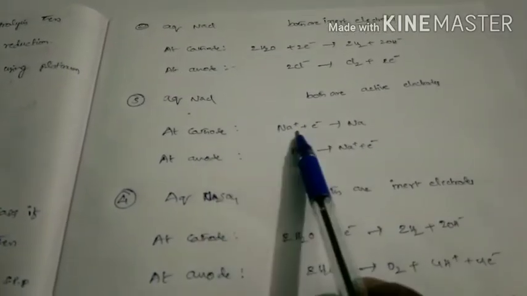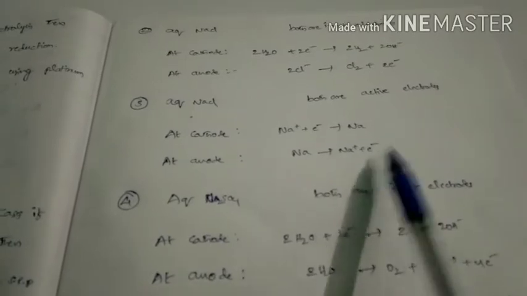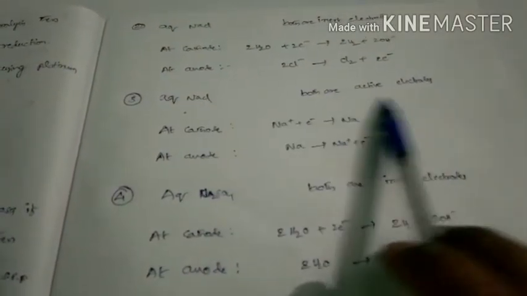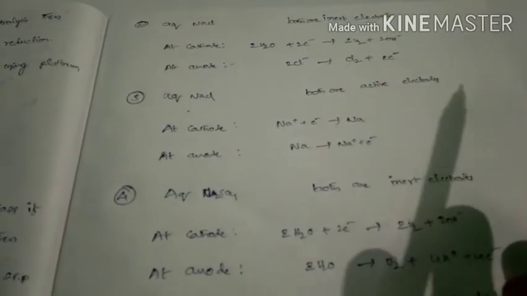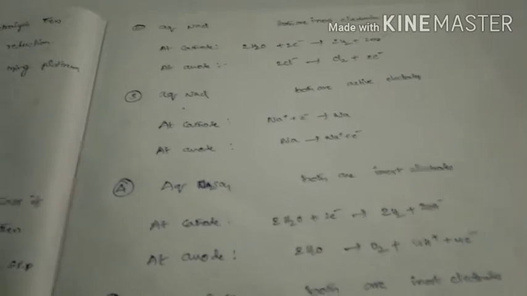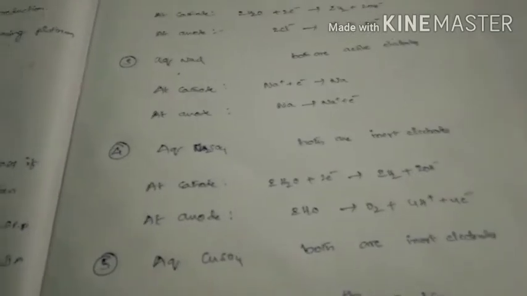So at the cathode, Na plus plus electron gives Na. Here Na gives Na plus plus electron. Here no need to think about water, because both are active electrodes. If you take active electrodes, whether aqueous or molten compound, those electrodes participate in the chemical reaction.